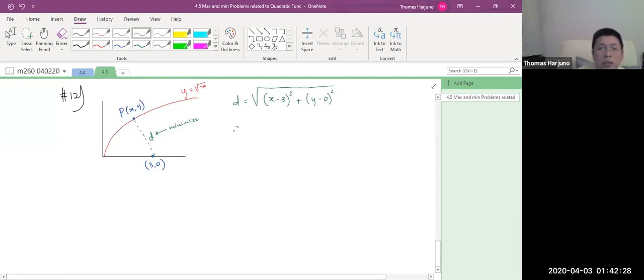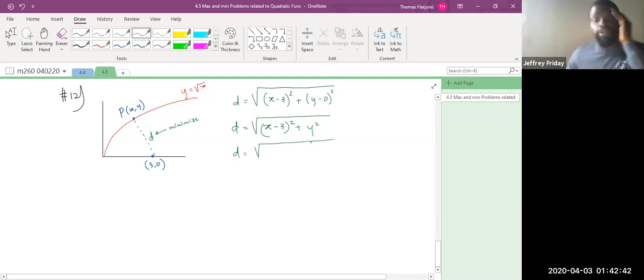I hope you remember that distance formula. So this d is equal to the square root of x minus 3 squared plus y squared. But what is y squared? Square root of x, being squared. Right?